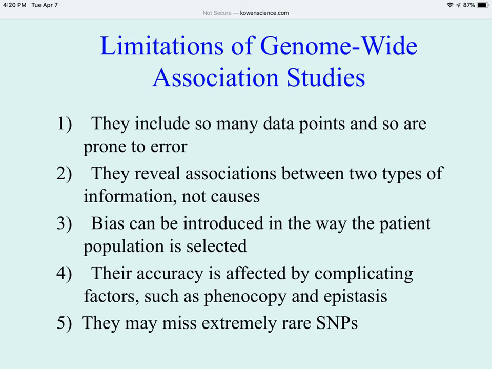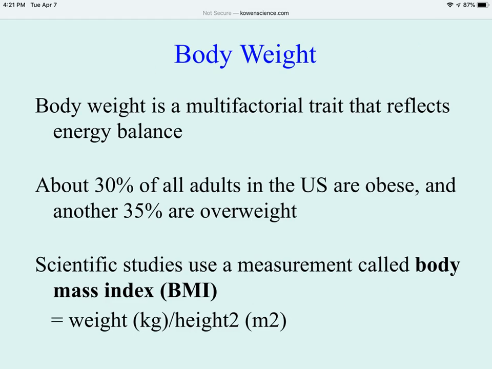We can have accuracy affected by complicated factors such as phenocopy or epistasis. We can also, because the genome is so large, we may miss very rare SNPs that would be important to identify for causative connections with certain diseases or disorders.